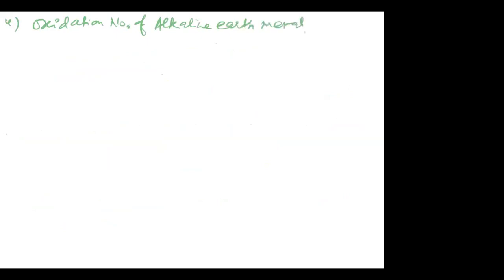Again, I hope you know alkaline earth metals are the metals of group 2 of the periodic table, including beryllium, magnesium, calcium, strontium, barium, radium. So the oxidation number of an alkaline earth metal can be either 0 or +2 only.